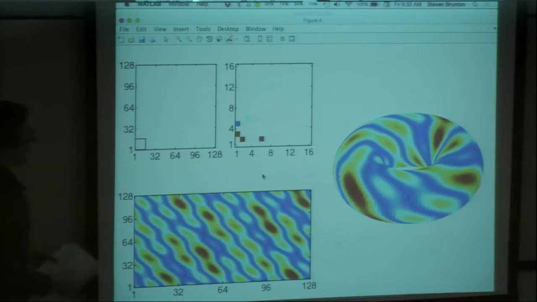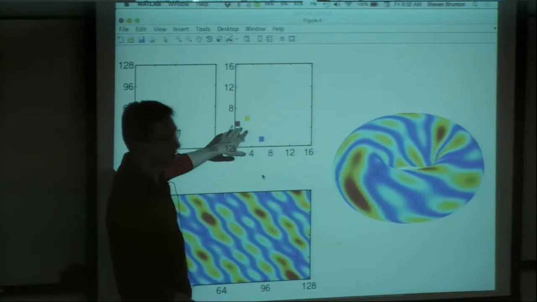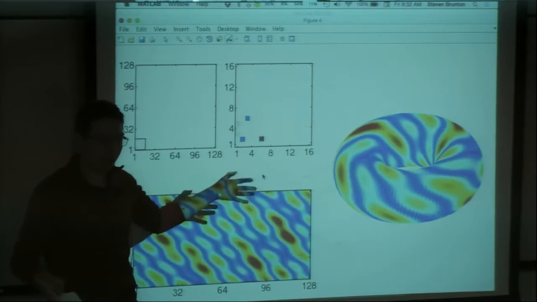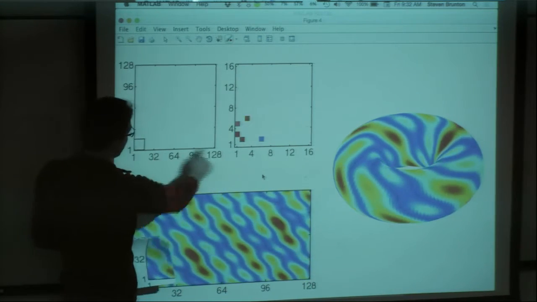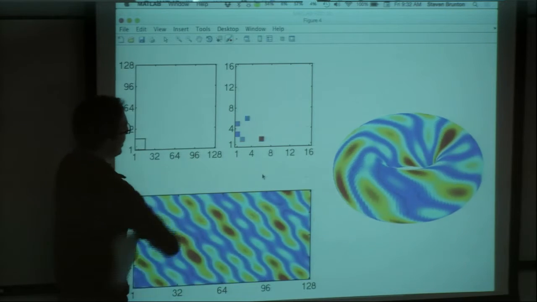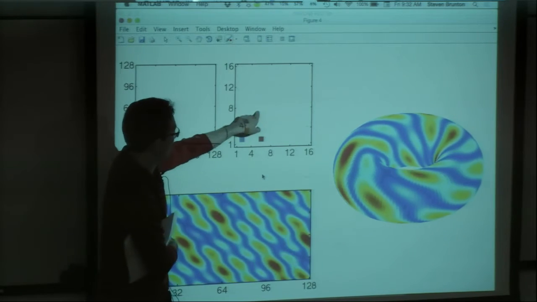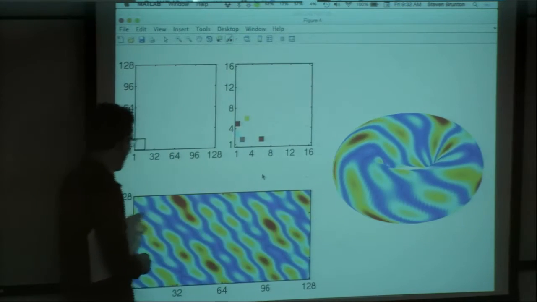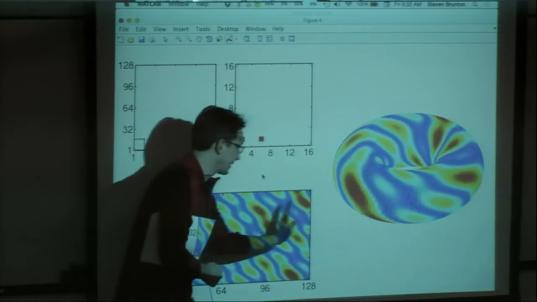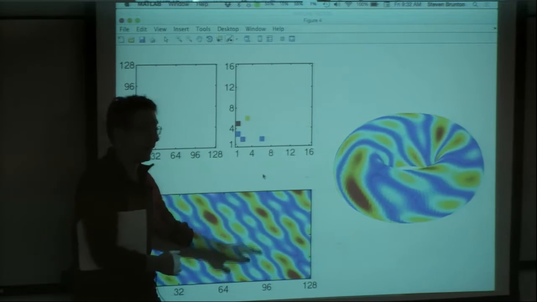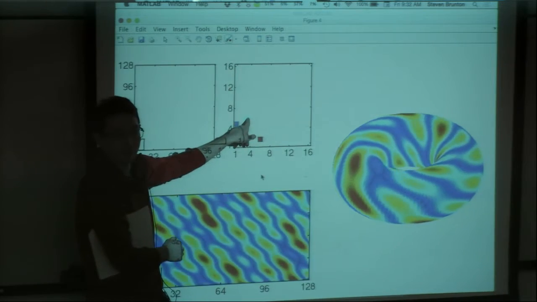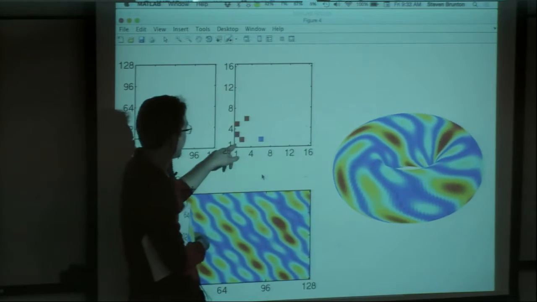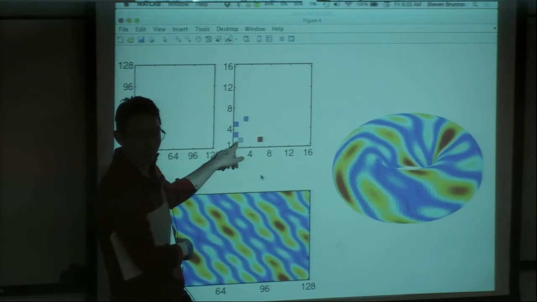Okay? But the way that I generate these is kind of interesting. So in the frequency domain, in the Fourier Transform domain, I have these same coordinates. And every ij location in this Fourier Transform domain corresponds to a sine wave in x times a sine wave in y at that given frequency. So these are higher frequency sine waves in x and y. These are lower frequency sine waves in x and y.